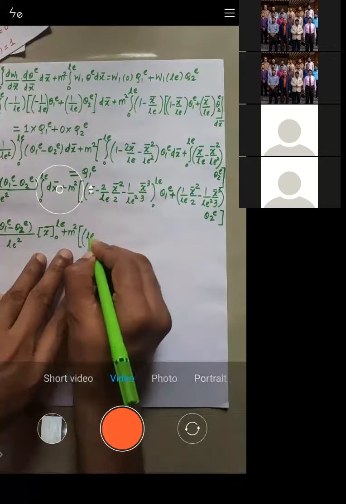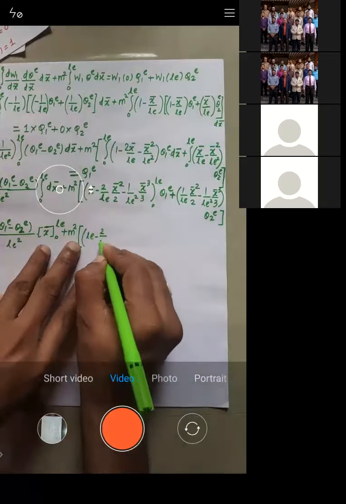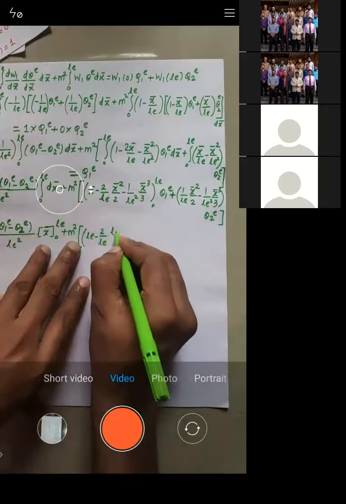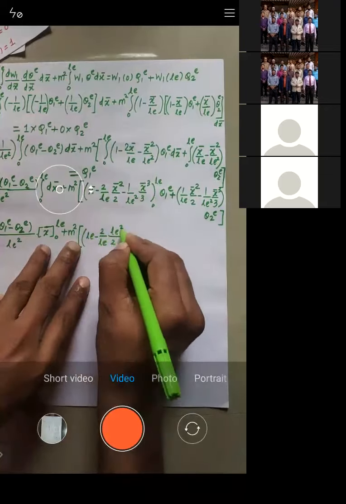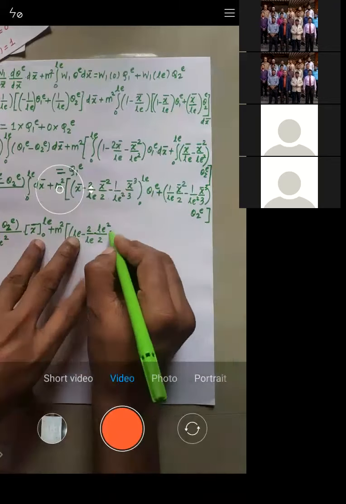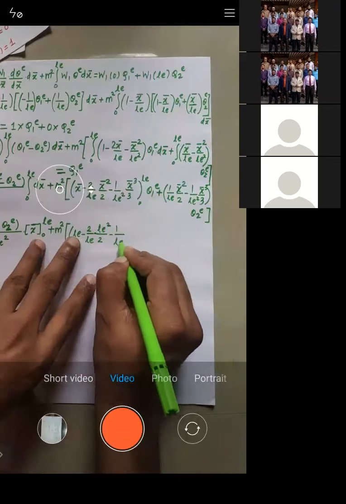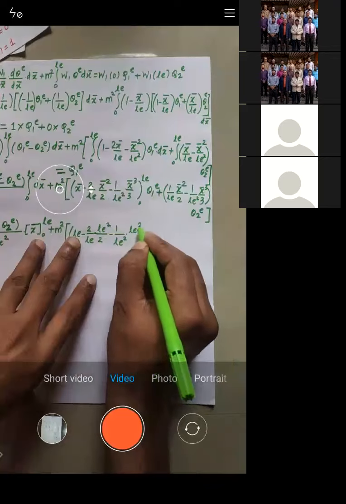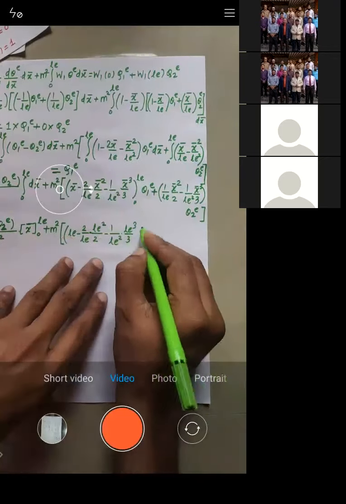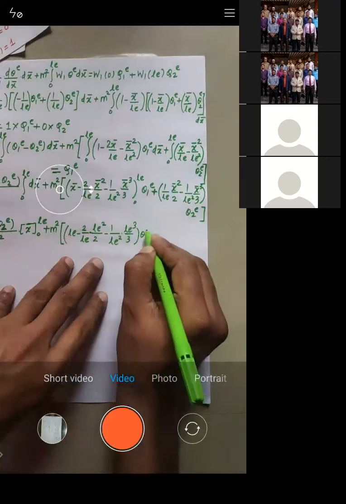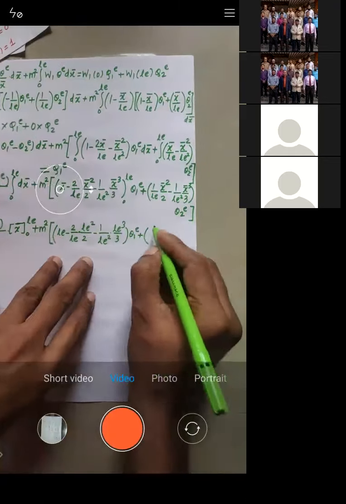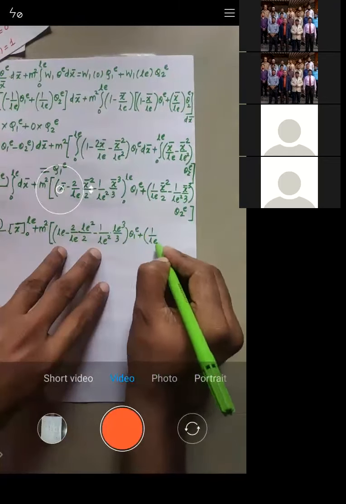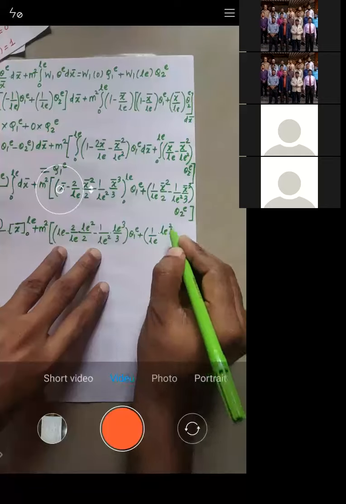So this is LE minus 2 by LE into LE square by 2, minus 1 by LE square into LE cube by 3, into theta 1E, plus 1 by LE square by 2.